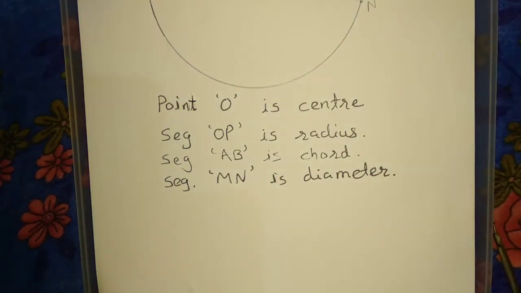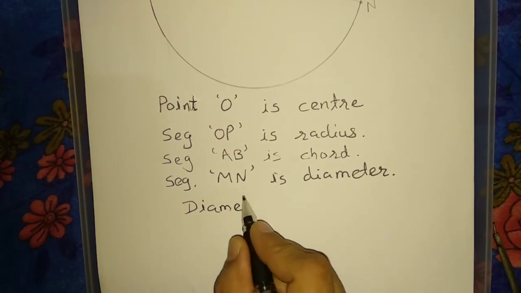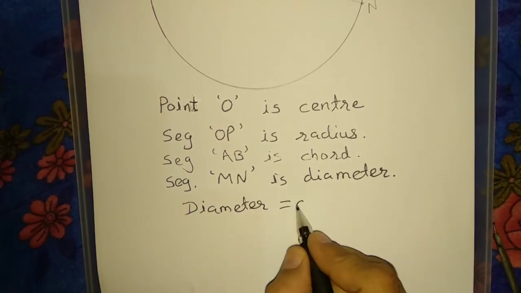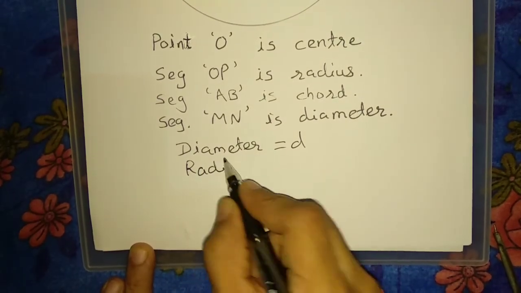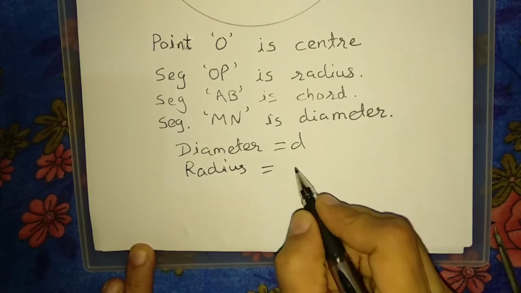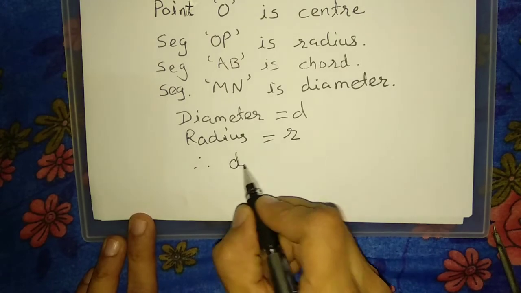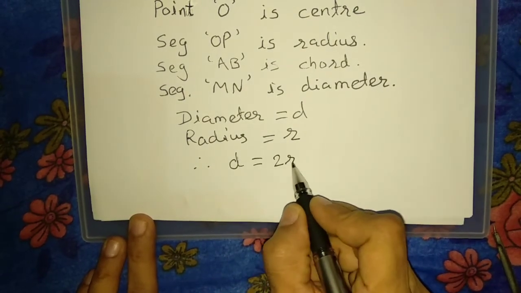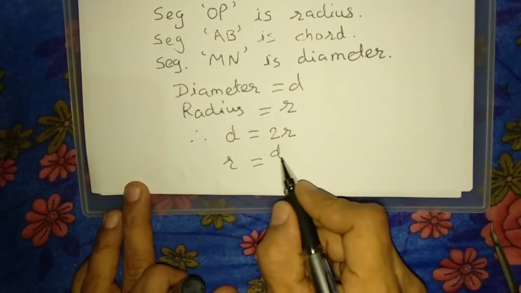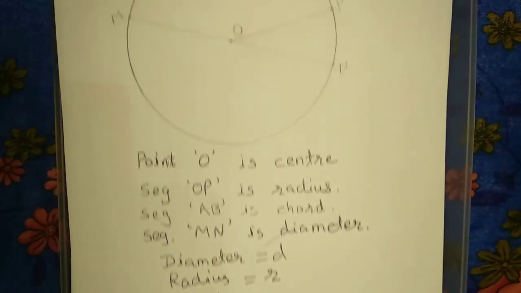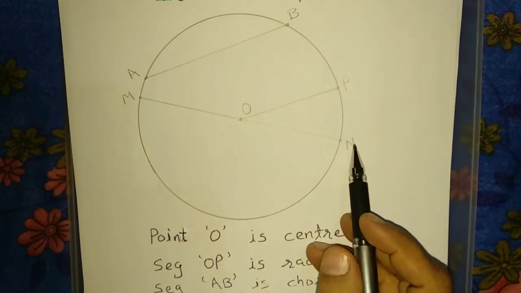We denote diameter as D and we denote radius by R. Therefore, D is equal to 2R or R is equal to D by 2, and the diameter is the largest chord of a circle.